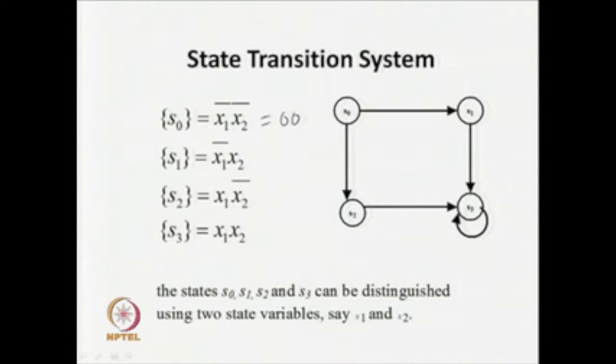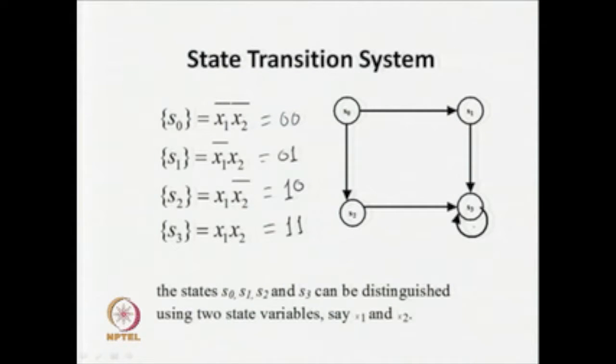S1 will be x1 bar, x2. That means this is your 0 1 state encoding. S2 is x1, x2 bar, so the state encoding is 1 0, and S3 is x1, x2, that means the state variables are 1 1. So, we need at least 2 state variables to represent those 4 states.